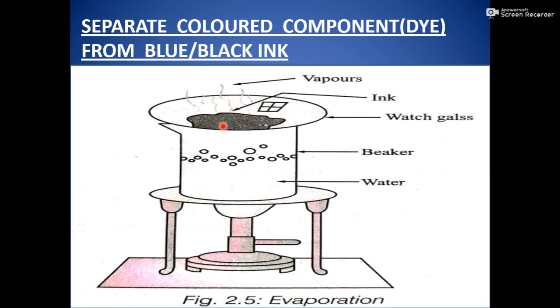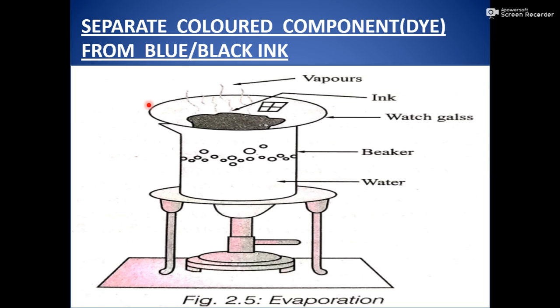But why can't we keep the ink directly on the flame? Because ink is a very delicate substance. The dye present in the ink is very delicate, so if direct heating is provided, it will convert into coal. It will completely burn. But what we want to do is separate the water component from the ink.